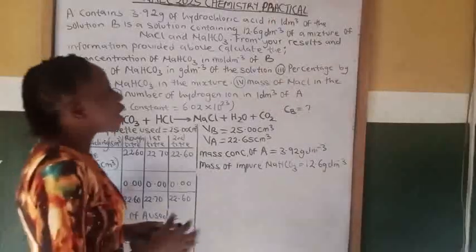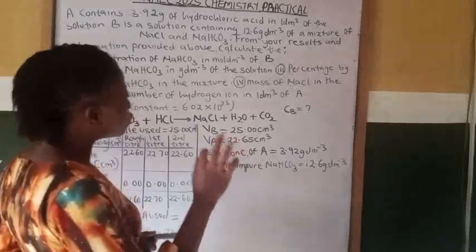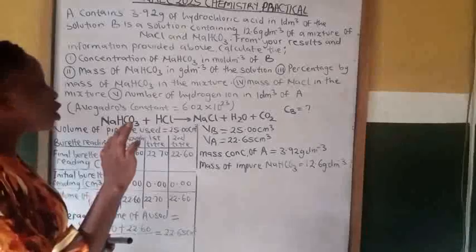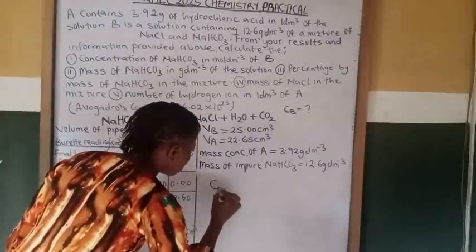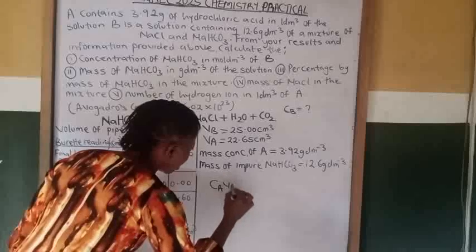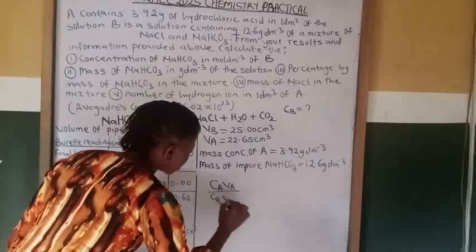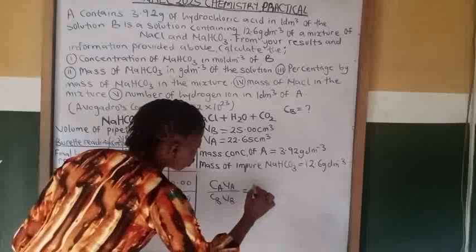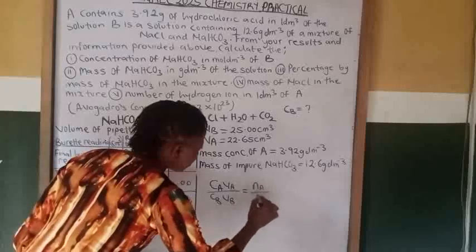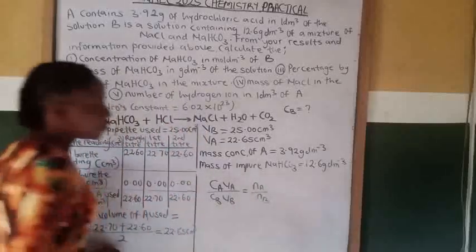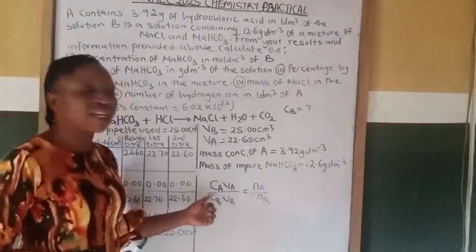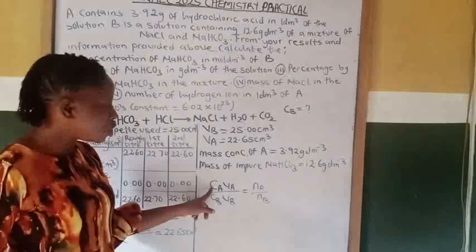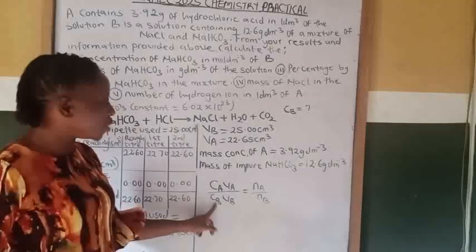Now, we have two formulas to look for molar concentration. The first one is your general formula, Ca Va over Cb Vb is equal to Na over Nb. We always use this formula to look for either the molar concentration of acid or of base.